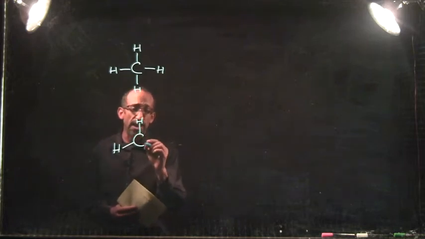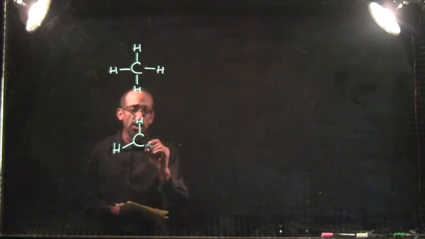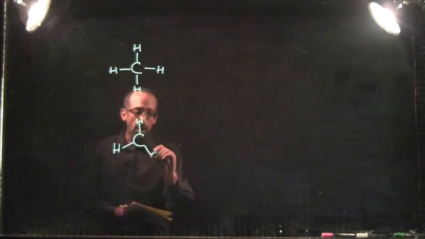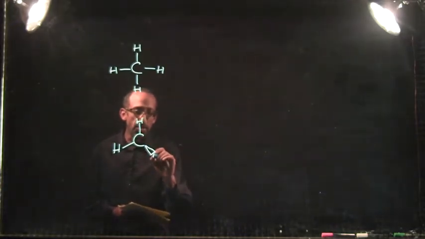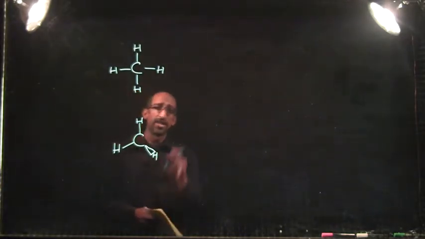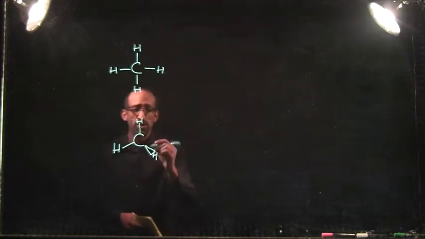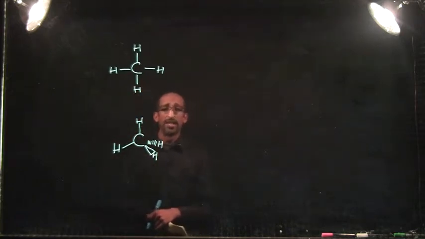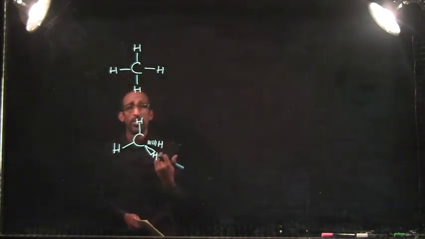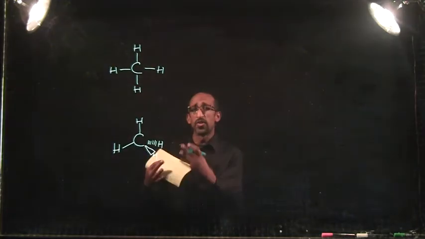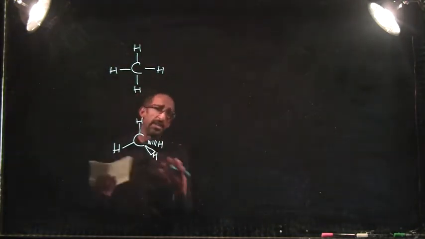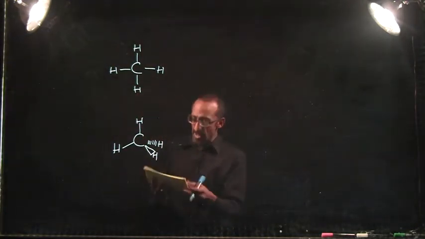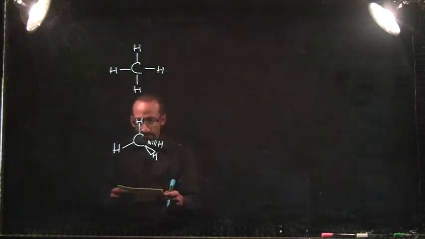We would signify that by drawing a wedge to show that this hydrogen is actually sticking out of the board towards you, and then on a hash we would put the other hydrogen, which is coming behind the board towards me. And so now we have this 3-dimensional structure that's been experimentally verified for methane, right?